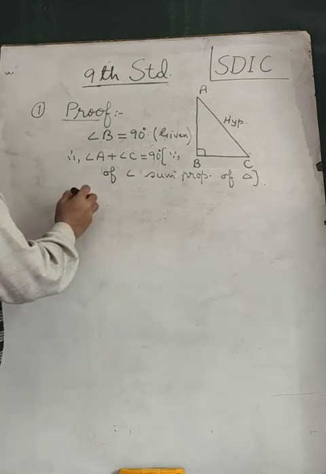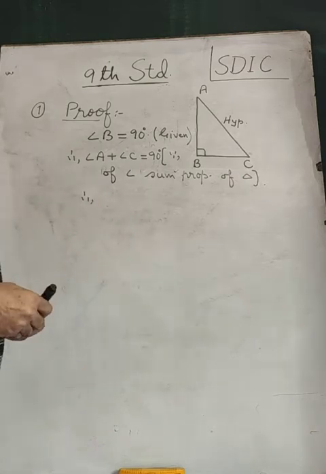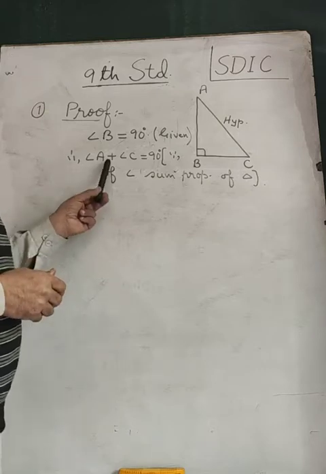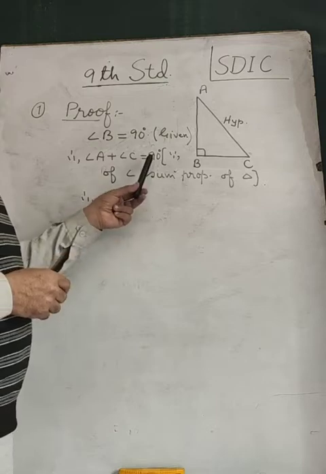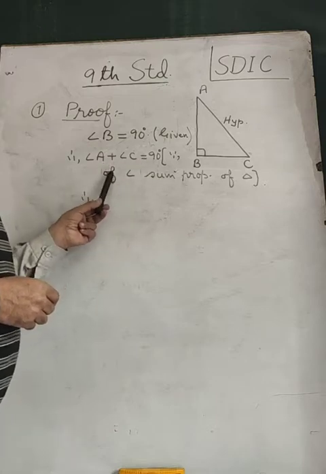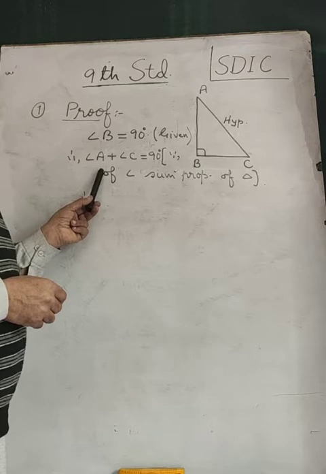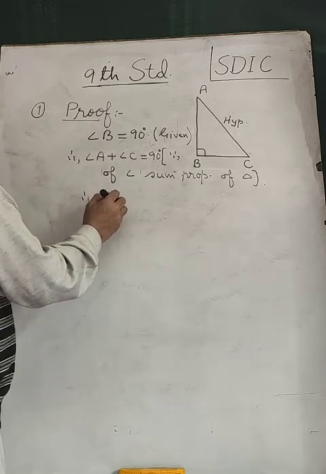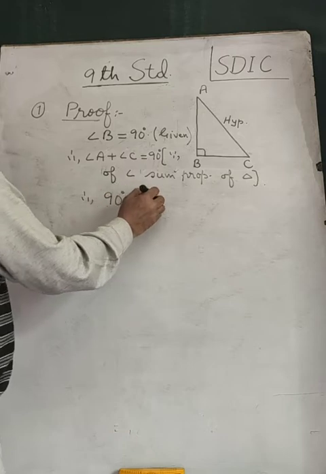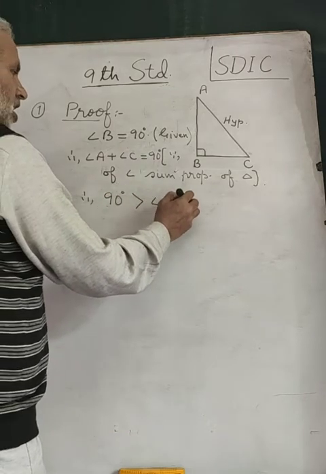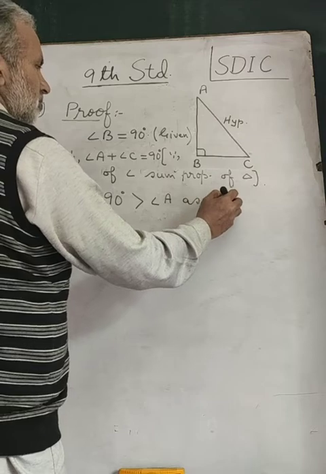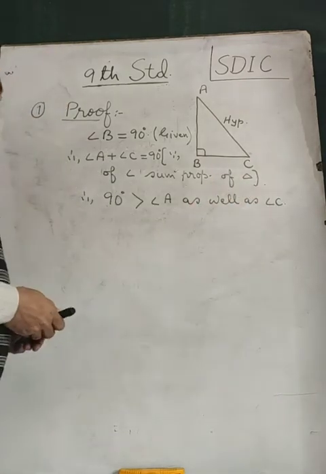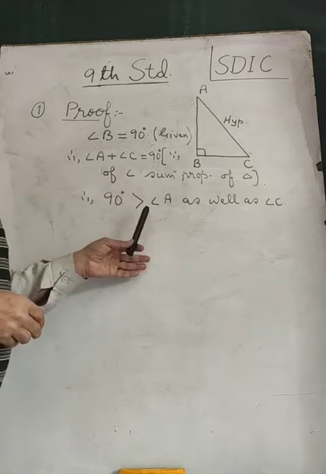Now this will in turn tell us, as we did in the previous question also, that the sum of these is 90, which means 90 will be larger than both of these. 90 will be larger than angle A, and 90 will be larger than angle C also. The measurement of angle A will be something less than 90.